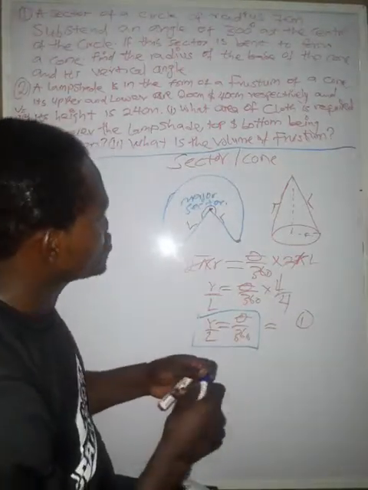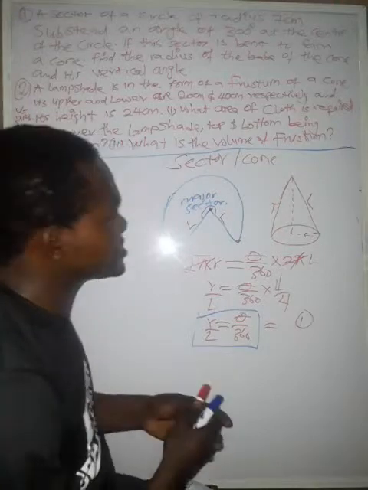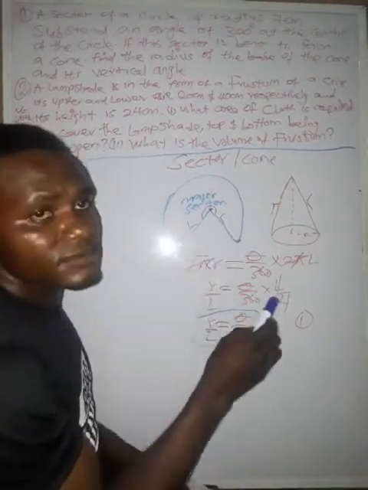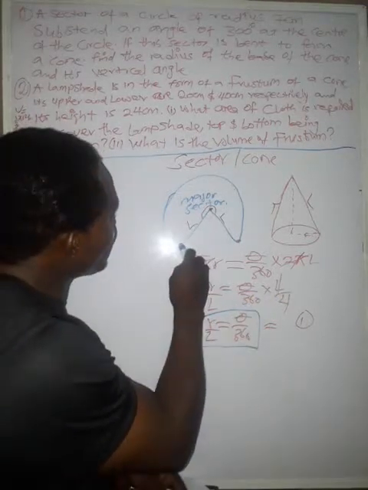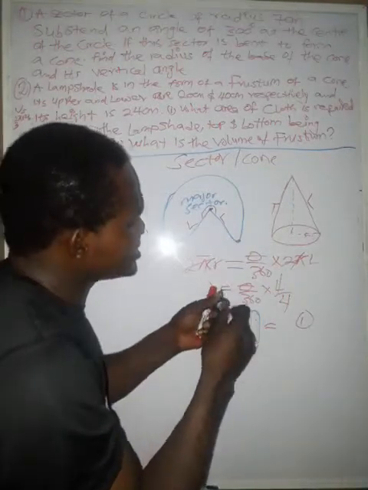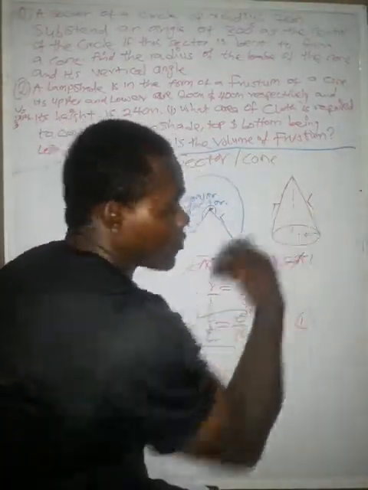Then you have this. Another thing we are going to look at is the area of this sector. The area of this sector is the same thing as the curved surface area of the cone.